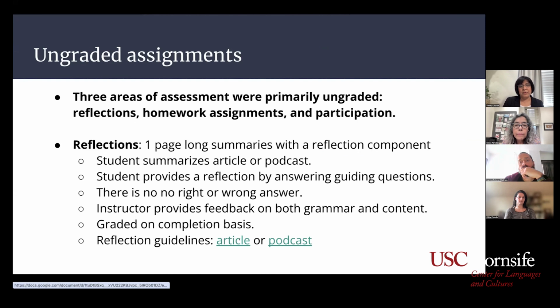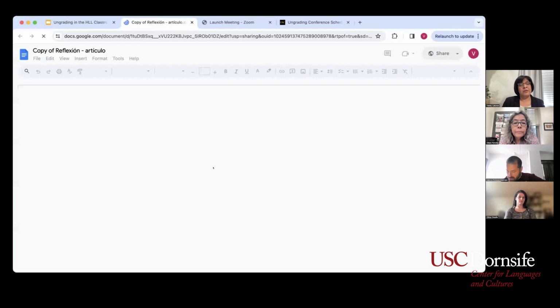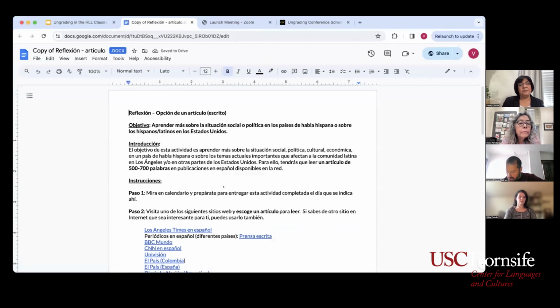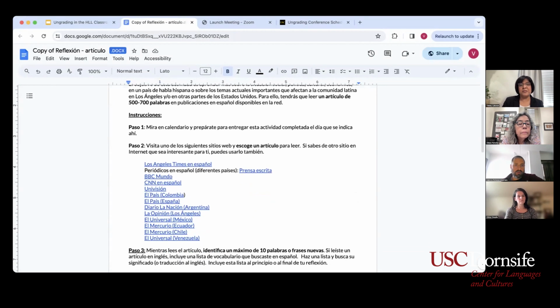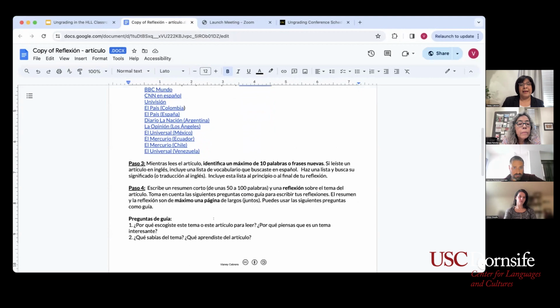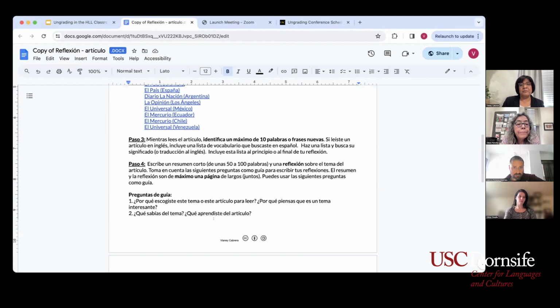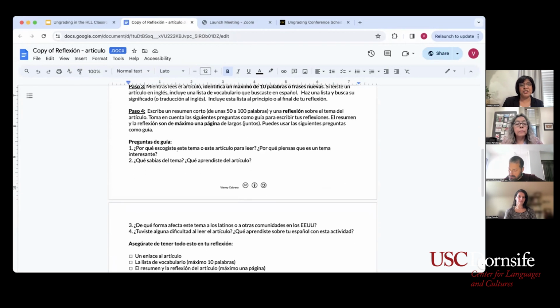Just to show you an example of a reflection. I have the objectives here, the introduction. The students were asked to choose an article to read. And then they had to list a number of words or phrases that they had learned, and then they had to answer questions.